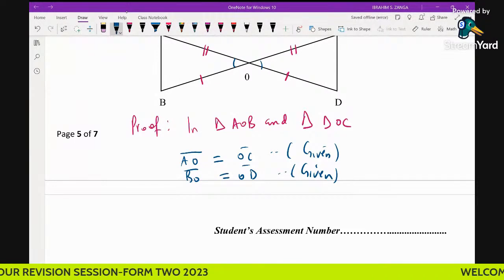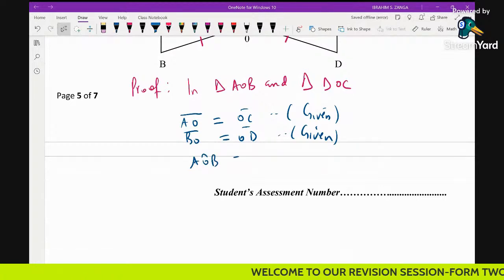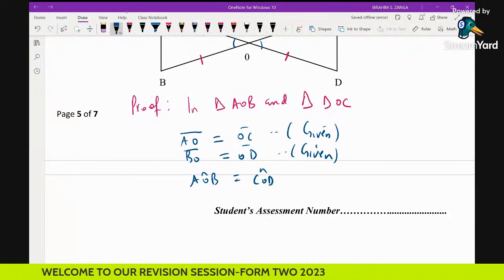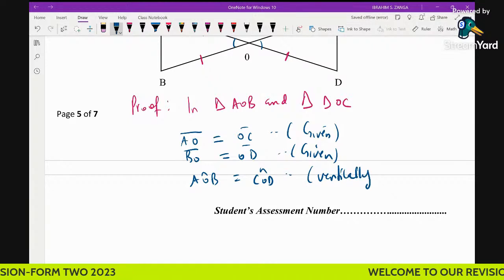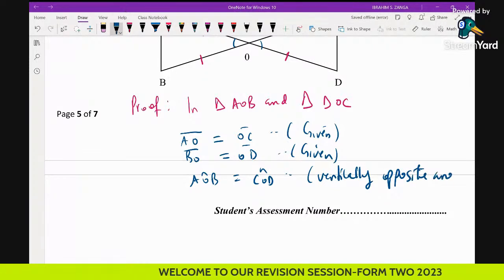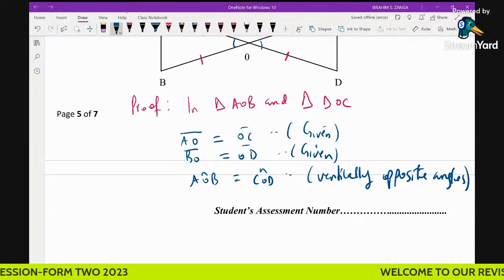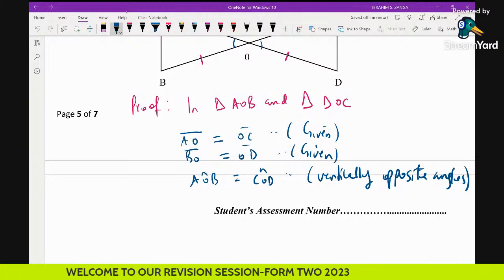So we can see that actually angle AOB equals angle COD. They are vertically opposite angles. So if that is the case, we have two sides and one angle which are exactly equal in these two triangles.